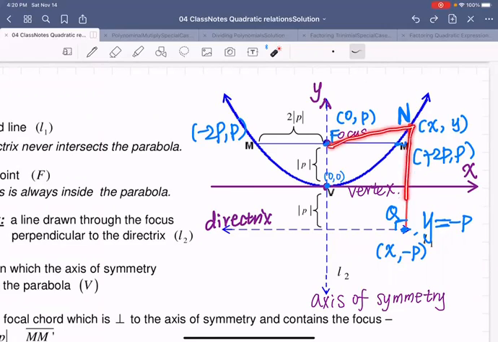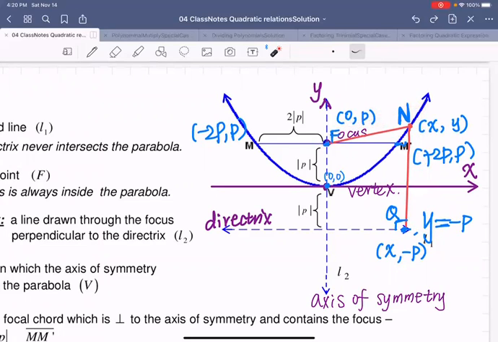You can pick any point on your parabola, and that distance always equals this distance. That's the definition of a parabola.